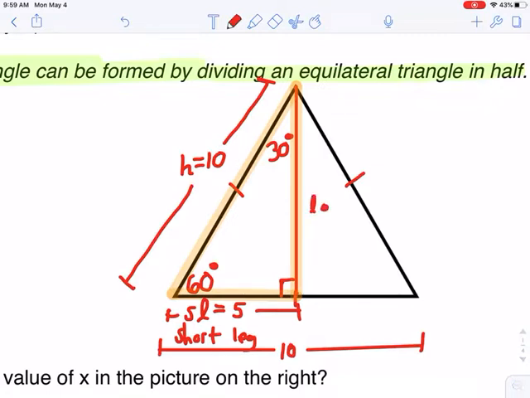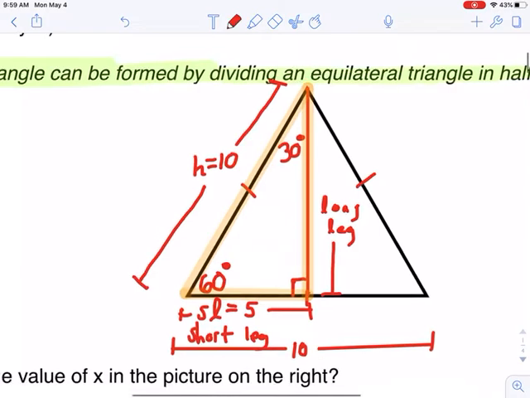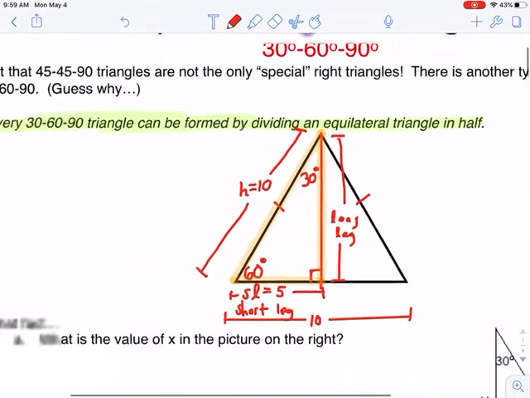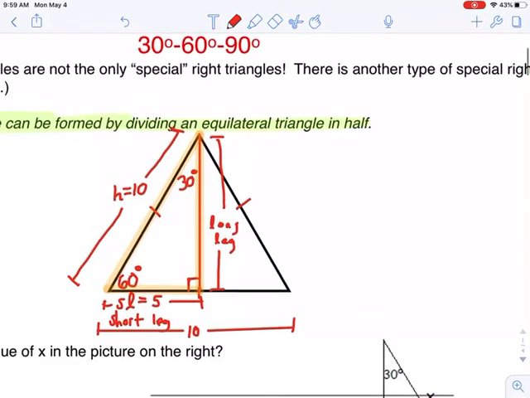And then we have this long leg over here. What's this long leg? Well, we got our good friend Pythagorean theorem where we can actually calculate the long leg. Let's just go ahead and do that right now. So let's call the long leg x. So we're going to have x squared plus the short leg, which is 5 squared, equals the hypotenuse, 10 squared. We're going to do a bunch of calculations.